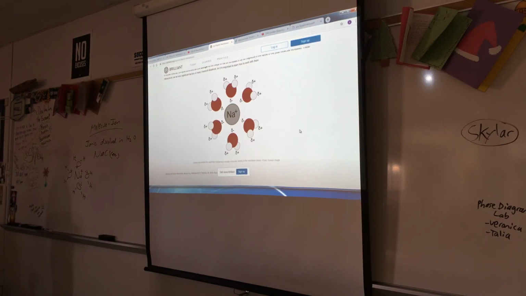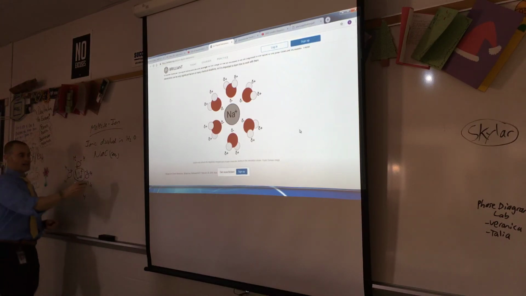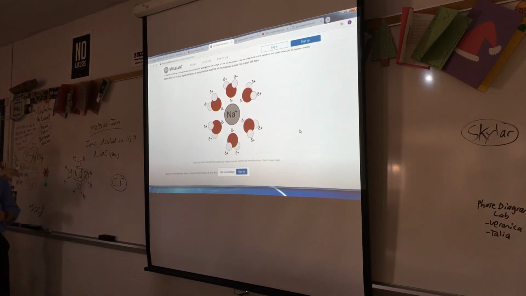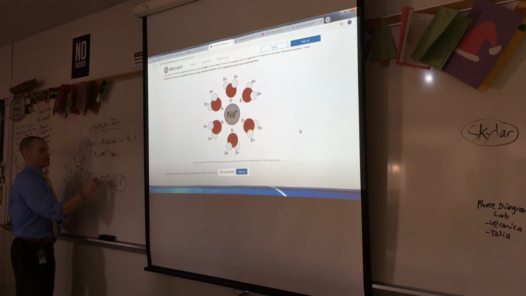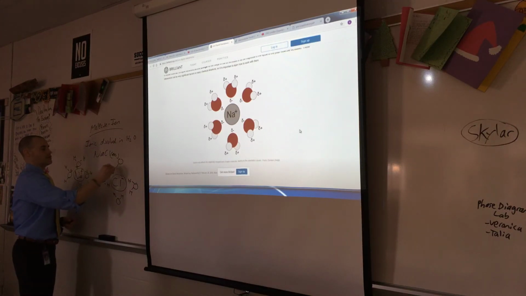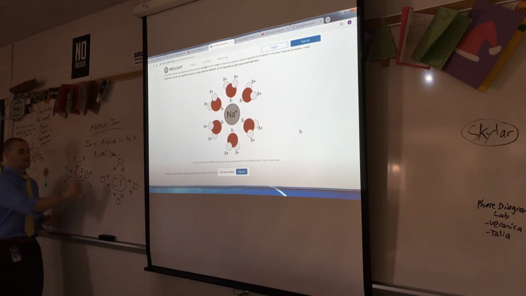Hopefully you're starting to see that. So there's your sodium, and now your Cl- is surrounded by water as well, but it's going to be the hydrogens that face the Cl. So the hydrogens are going to be facing the Cl minus, and that's because the hydrogens are partially positive. And again, opposites attract. Just like all the forces, it's the same, opposites attract.